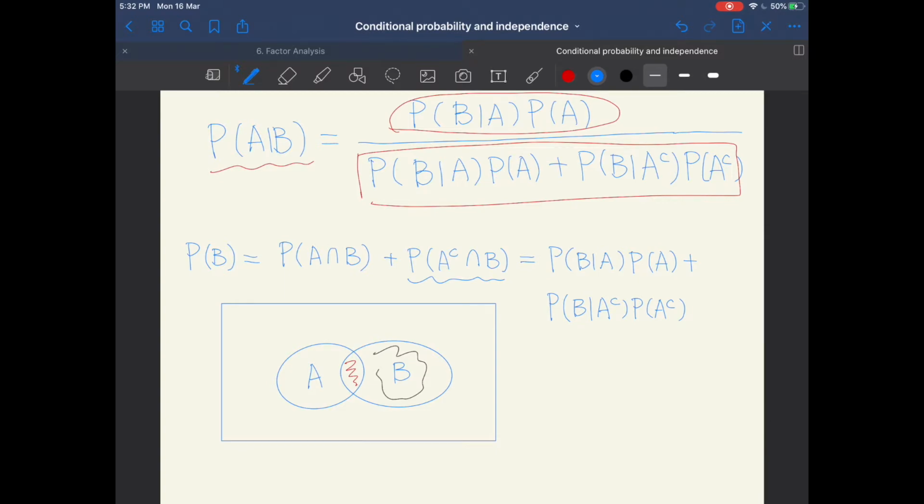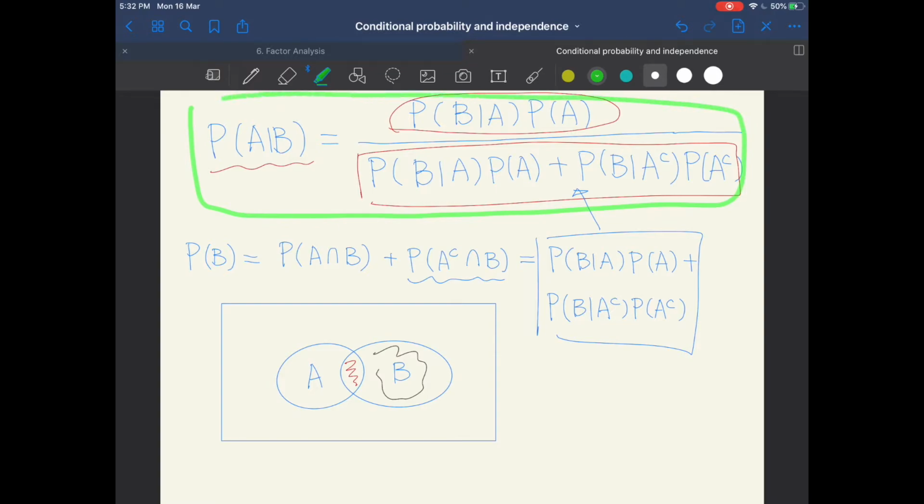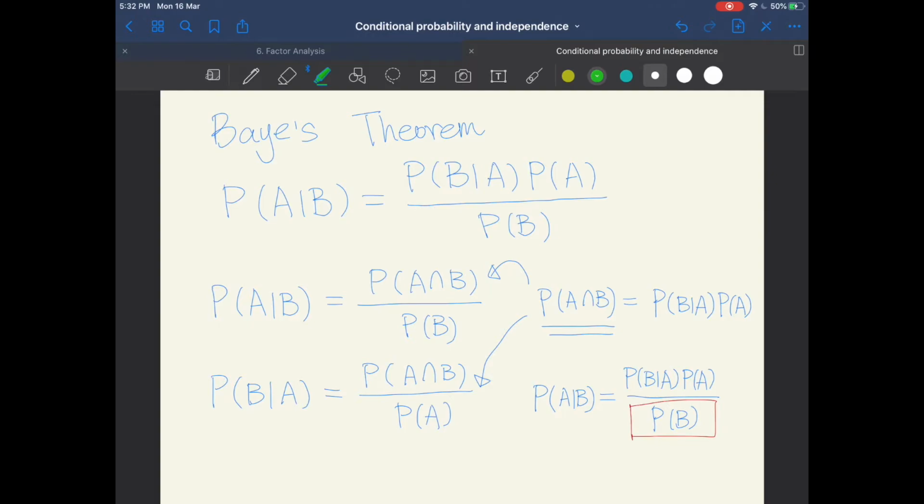And then you realize that this expression is exactly the denominator in this longer form of Bayes' theorem. So that's why this whole expression highlighted in green makes sense and is equivalent to the simpler form of Bayes' theorem.